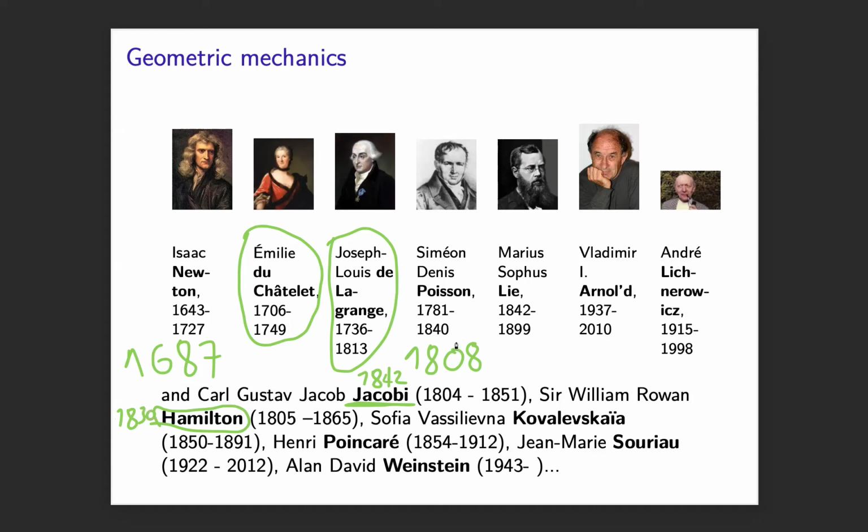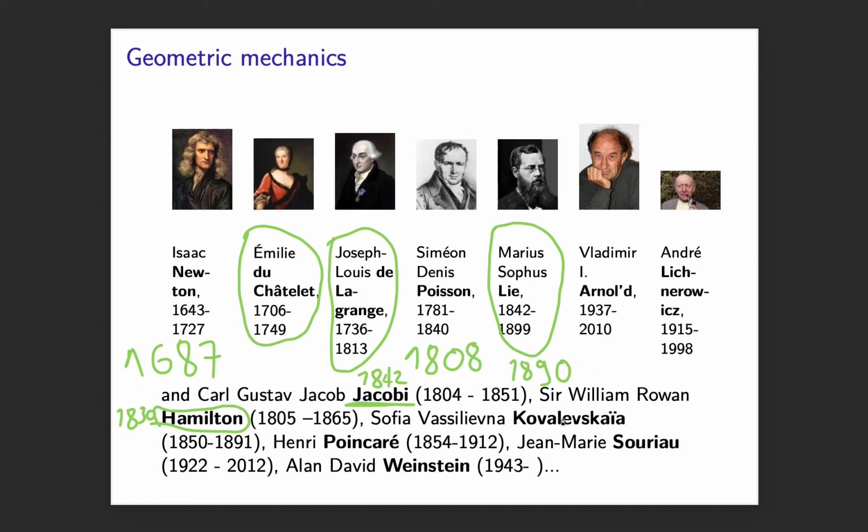And at the end of the 19th century, Sophus Lie started to give some modern formalism for dealing with symmetries. So Sophus Lie wrote his most famous books around 1890, 1892 exactly. He was Norwegian, and for instance, he formalized the concept of momentum map.